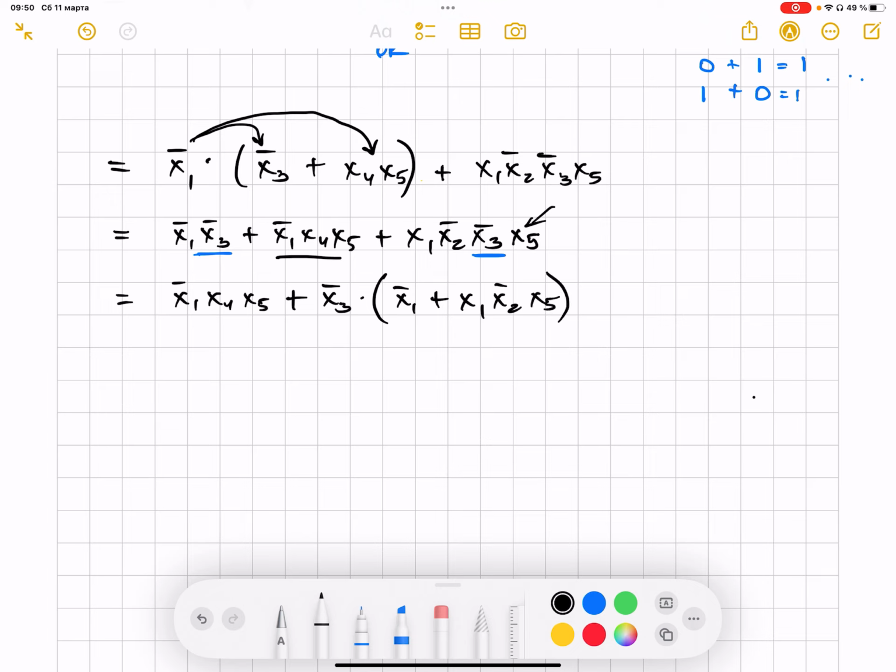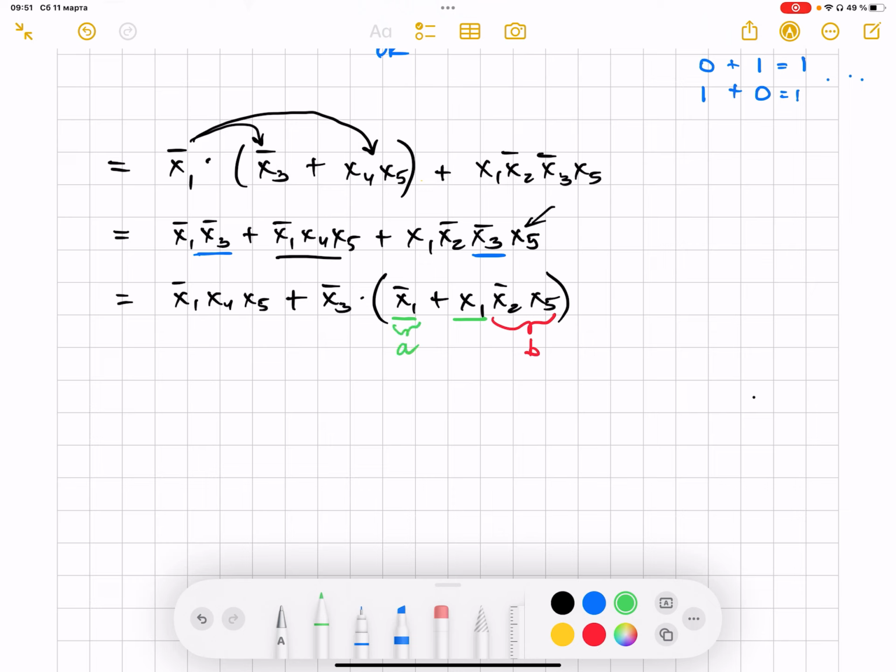So see, now here we have x1 bar, here we have x1, and let's say this x2 bar multiplied to x5, let's denote it as b, and let's say this x1 bar is a.